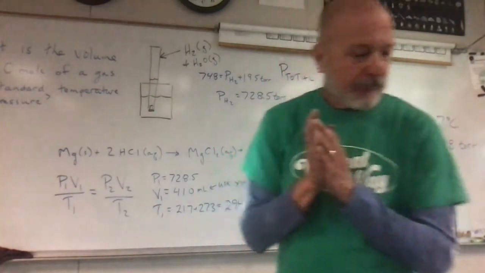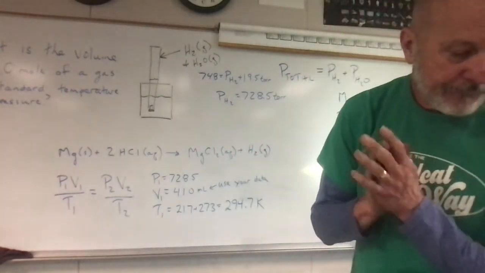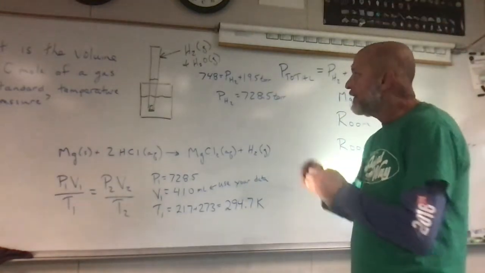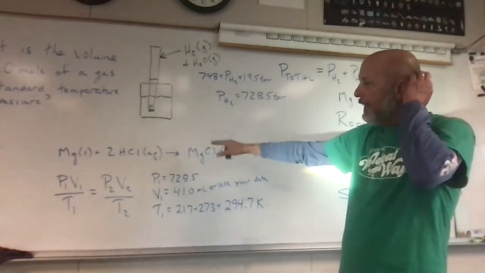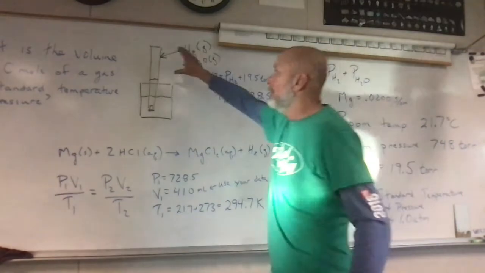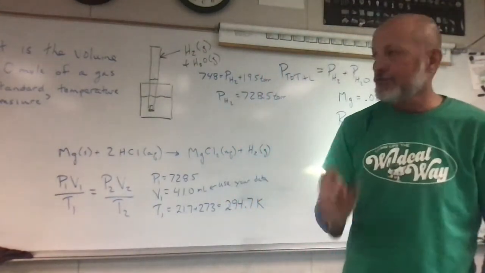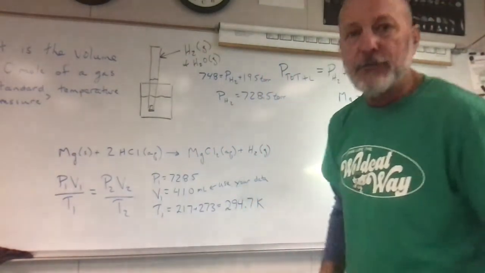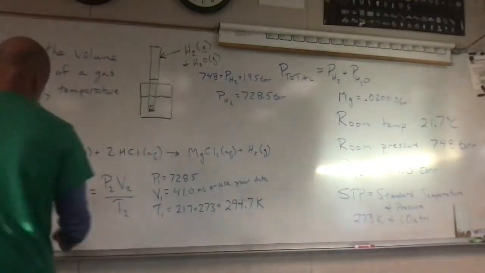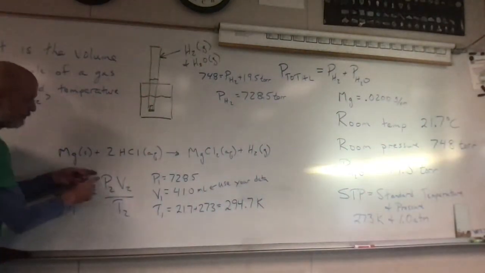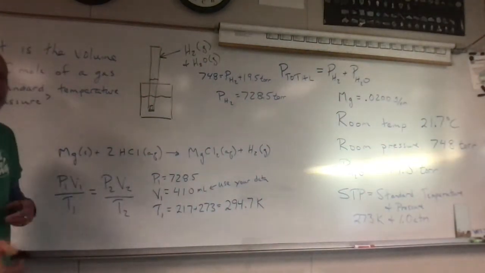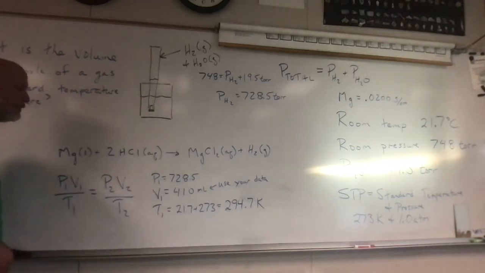Now, the second part, part 2, said: what volume of gas would you have collected in your tube had that been under standard conditions? And here we're using our combined gas law, P1 V1 over T1 equals P2 V2 over T2. I took the n out because the particles are not changing.